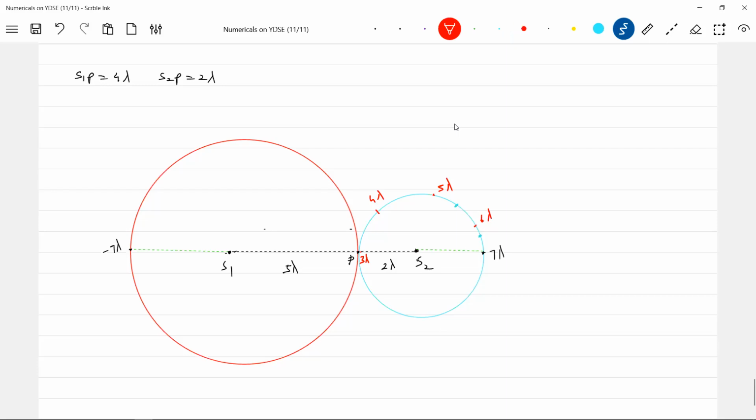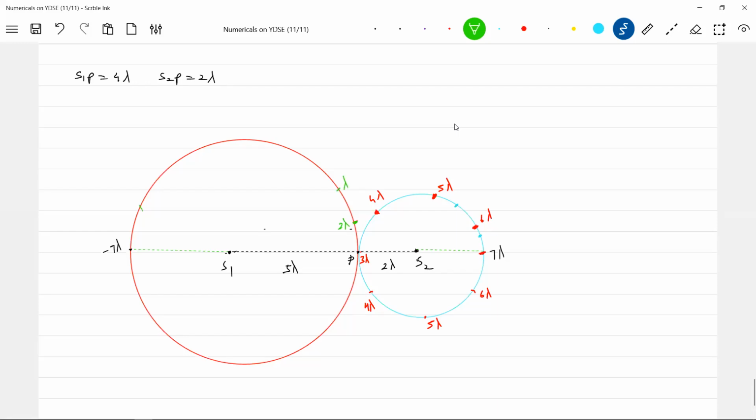Okay, all of you please do notice, these are some very tricky numericals you may encounter. Similarly on either side: 4 lambda, 5 lambda, 6 lambda. Now come to this one. From 3 lambda, there can be a point where the path difference will be 2 lambda.